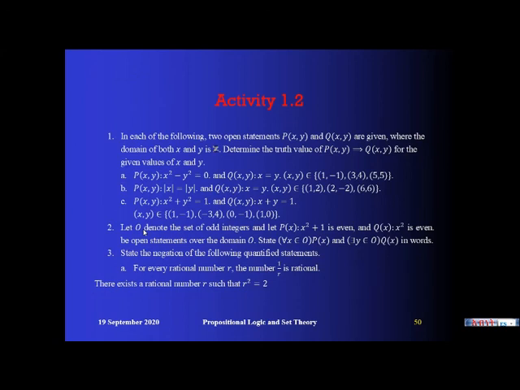For further understanding of topic 2, I leave you activity 1.2. Please do it, and if you have any doubts or questions, put your questions in my email.